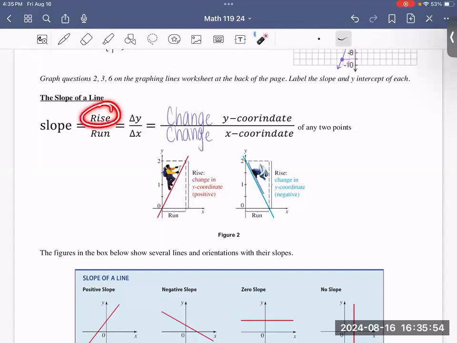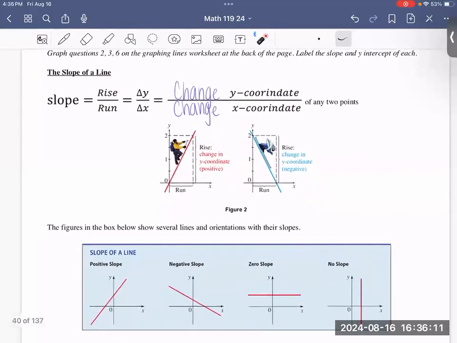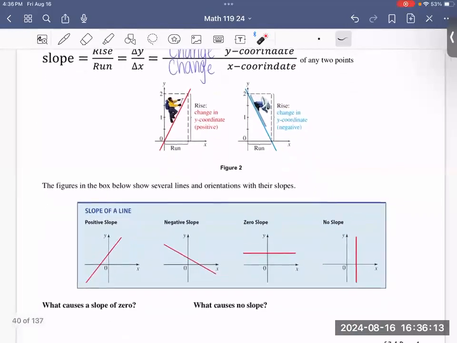Now it's a little misleading when we talk about rise because we can also change your rise by falling. So rise doesn't just mean we're going to be increasing, but it also tells us that we can actually have your Y value decreasing as well. And this is going to be over any 2 points. So as long as you have 2 points, you can figure out the slope of a line.